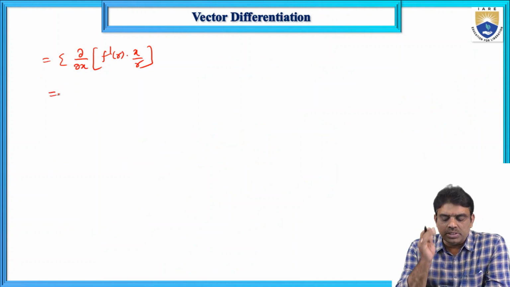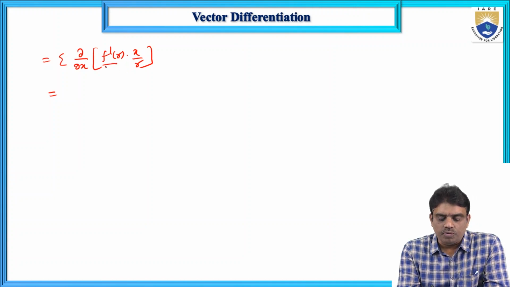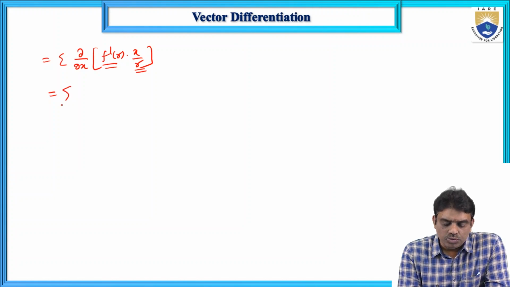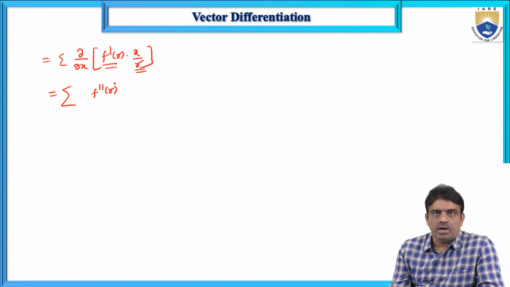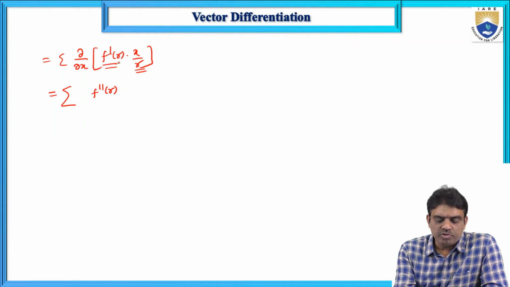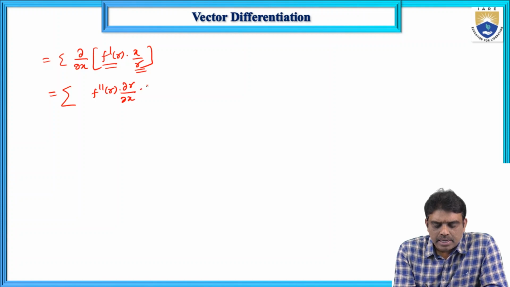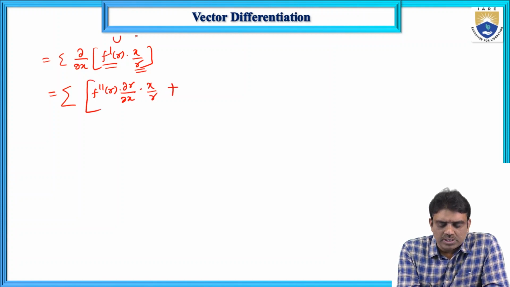Now we use the same approach. Dou by dou x of this one. So I can go for u into v form. What is u into v form? F double dash of r, f dash of r derivative, f double dash of r, am I right? With respect to x means into dou r by dou x, and x by r treat as fixed term. I am differentiating, this is u, this is v.